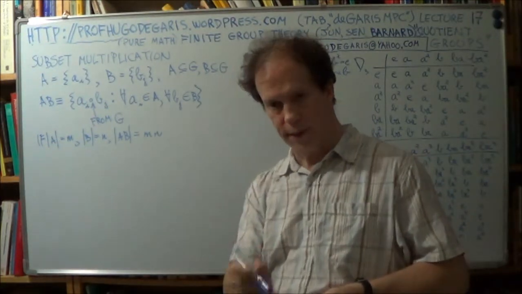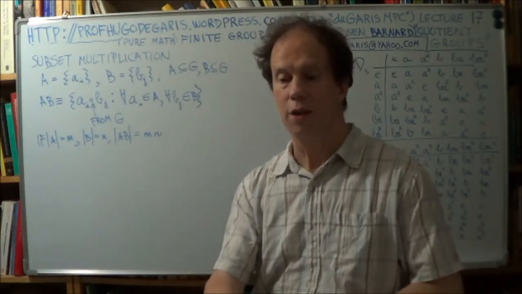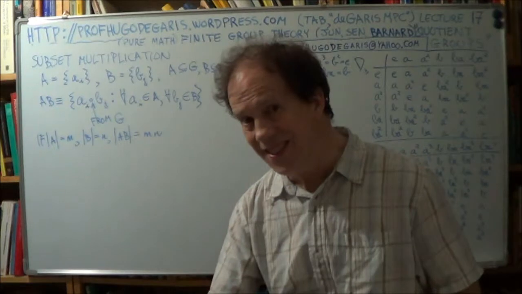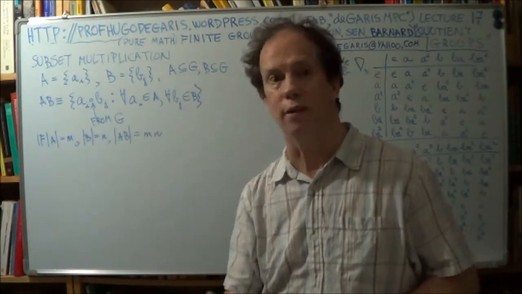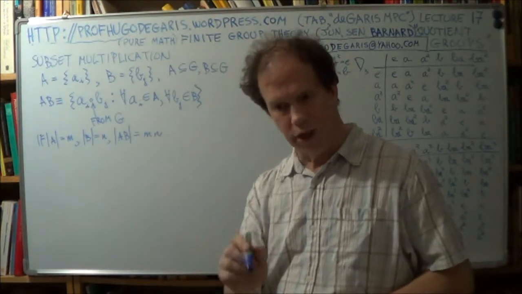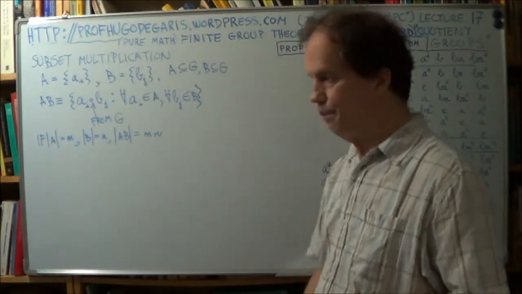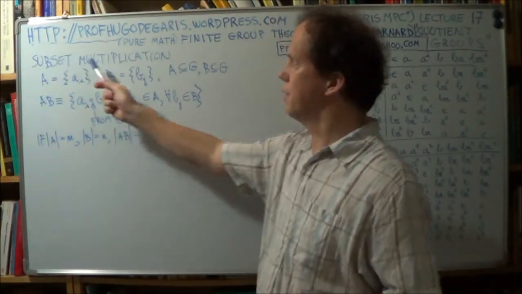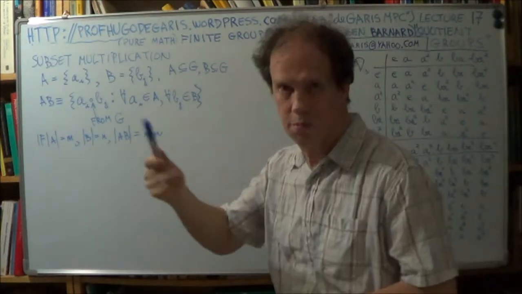Now, if your set are cosets, which are just sets, so in a sense, your quotient group is a set of sets, okay? Your cosets are members of this quotient group. So you need some kind of binary operation on those cosets, or just sets, right?